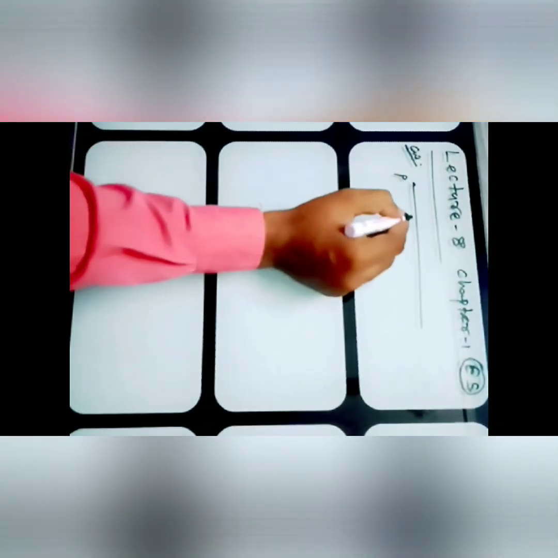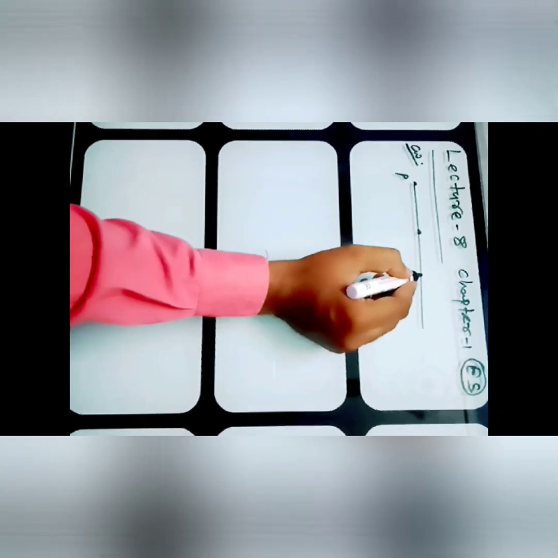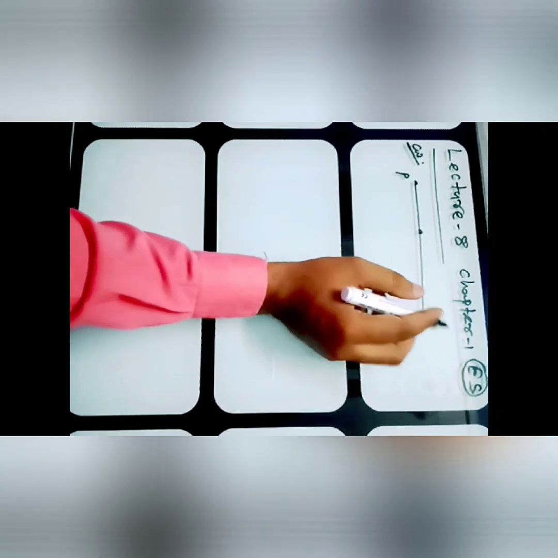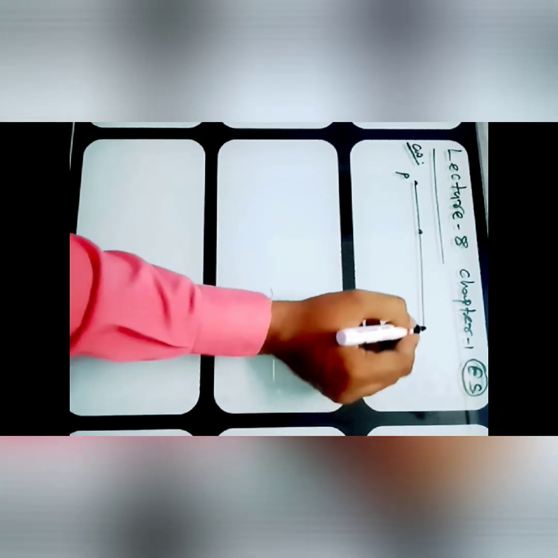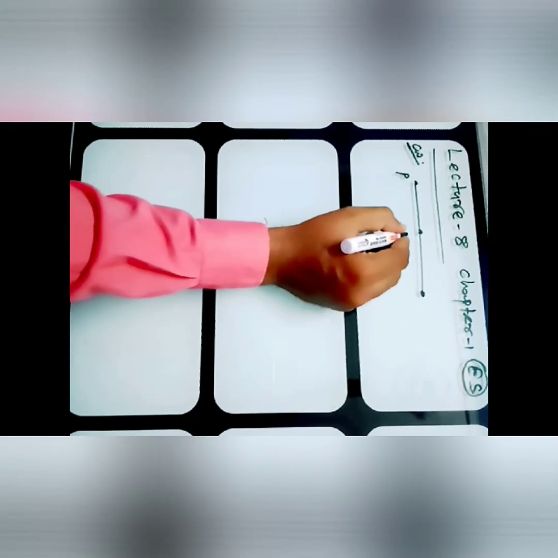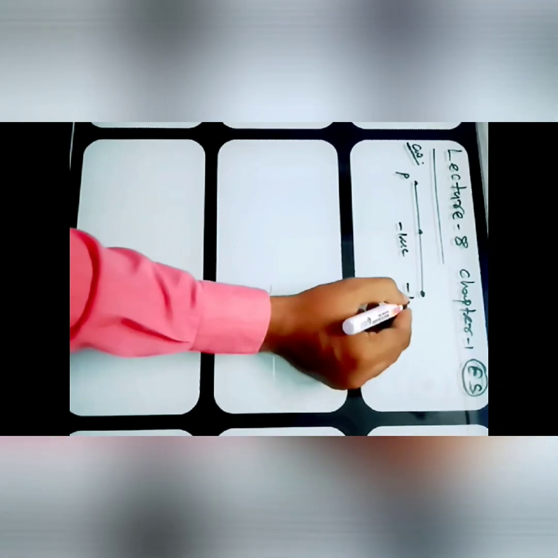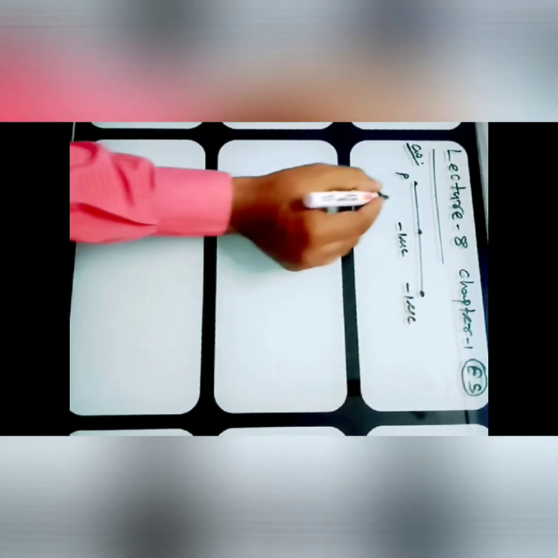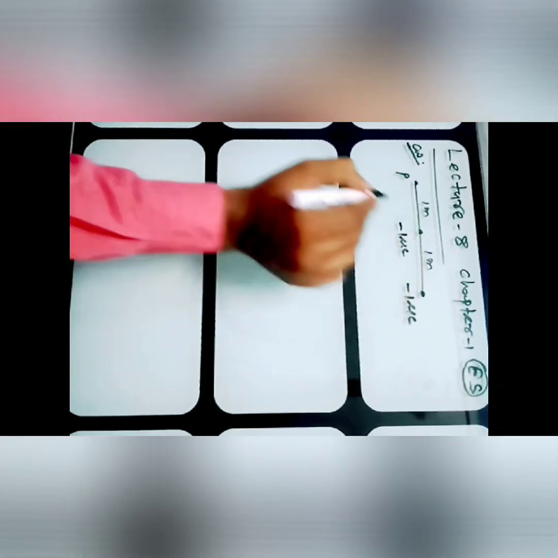This is the point P. A simple question I'm giving you. Minus 1 microcoulomb, minus 1 microcoulomb, at 1 meter, 1 meter. Find out the net field.